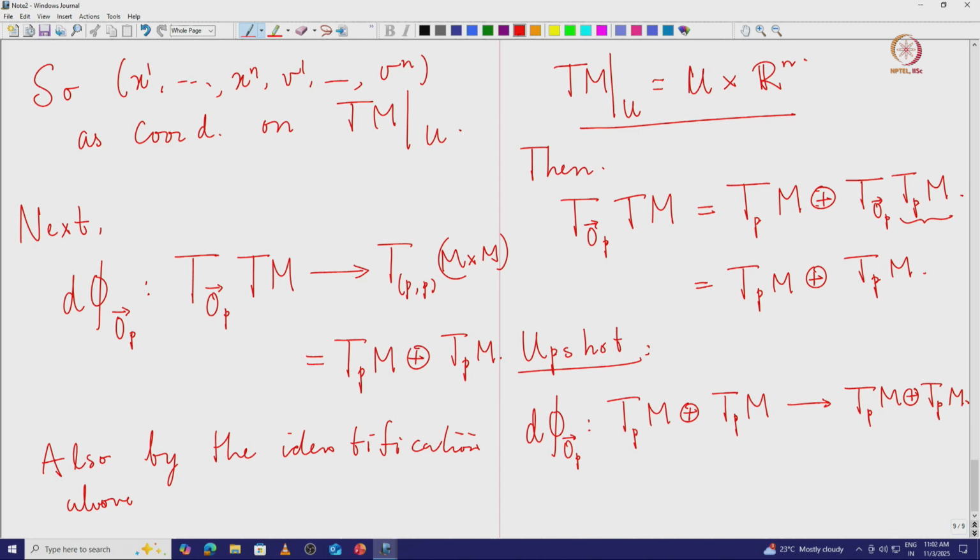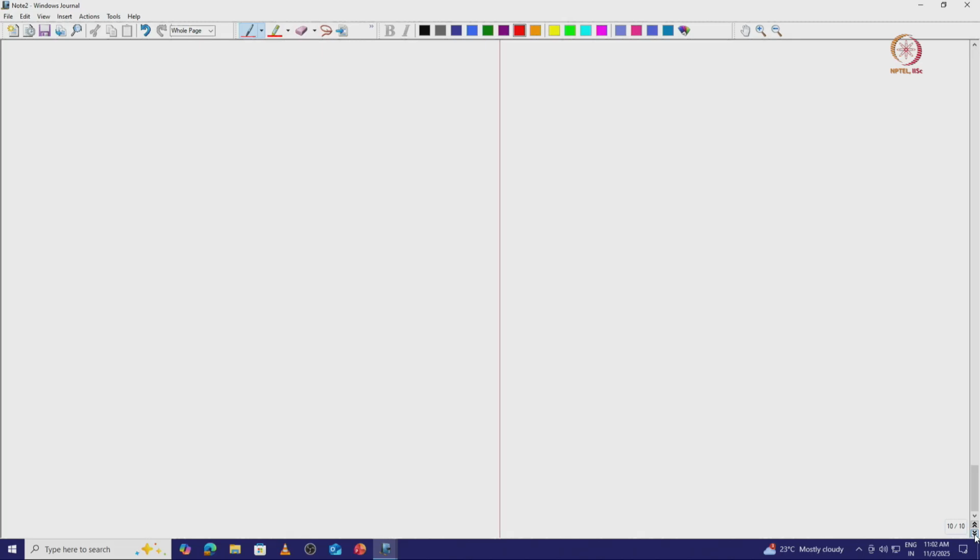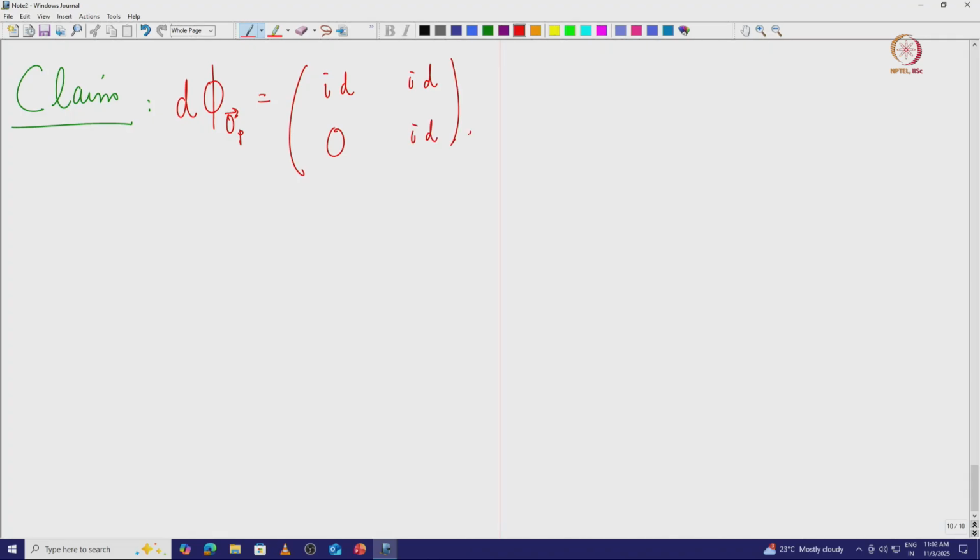Okay, so now my claim is that interpreted this way, the derivative map as a matrix is simply given by the identity, it has a block form and it is simply given by this, where each of these blocks is n cross n.